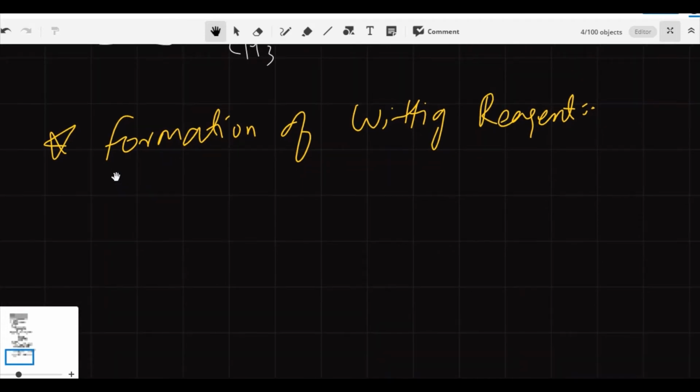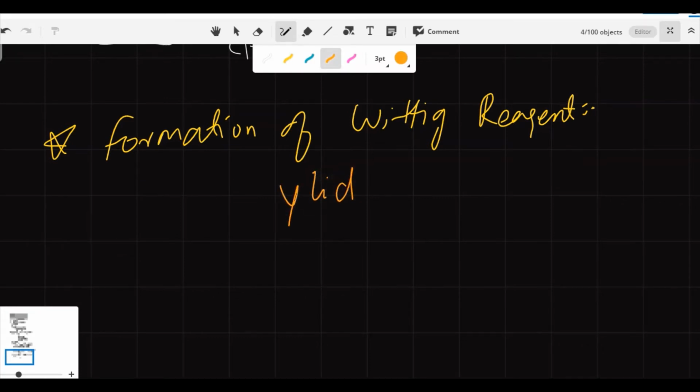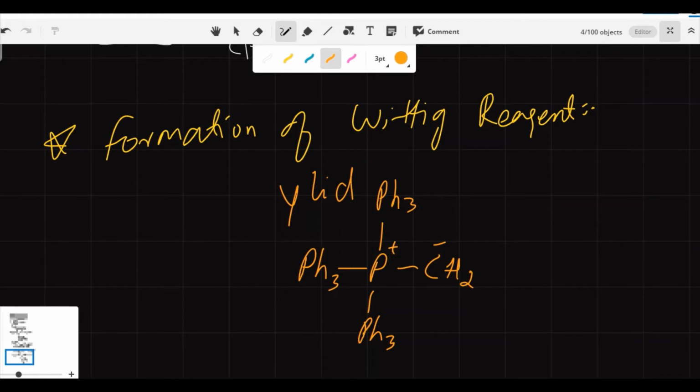So in the formation of Wittig reagent, as you know, the Wittig reagent is also known as ylide, which, as I already mentioned, contains two opposite charges on adjacent atoms. Normally the Wittig reagent is triphenyl phosphorus bonded with a CH2 group. The CH2 group contains a negative charge and the phosphorus contains a positive charge. Each charged atom has a complete octet here.